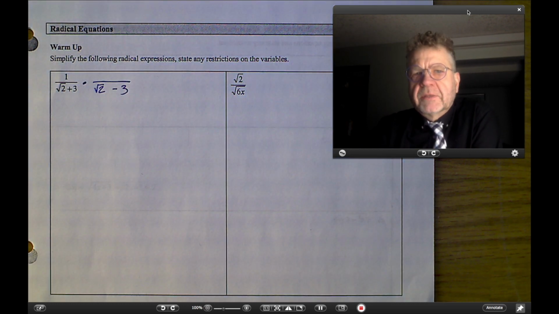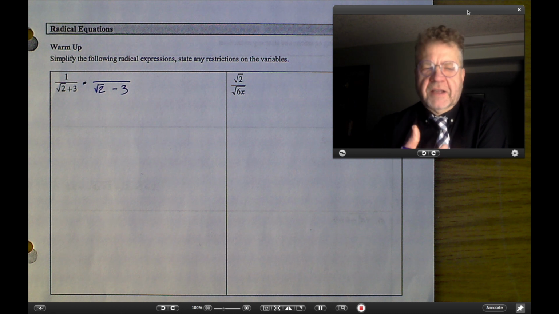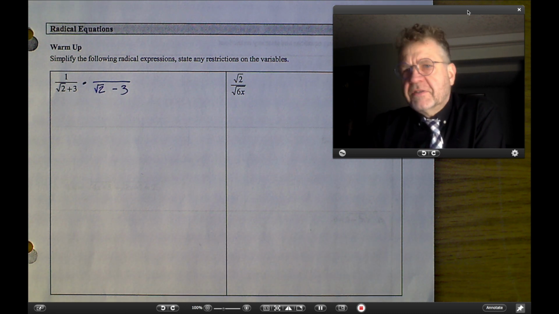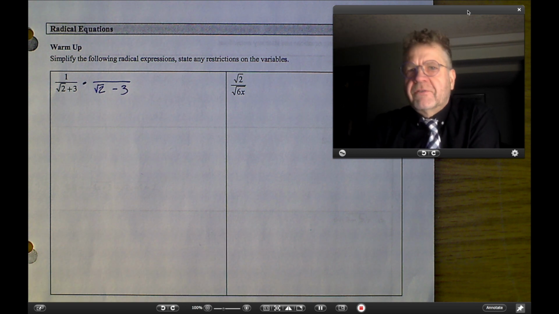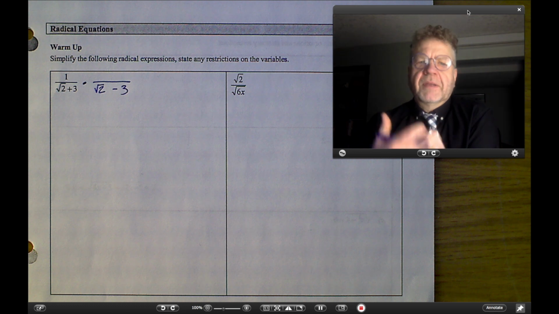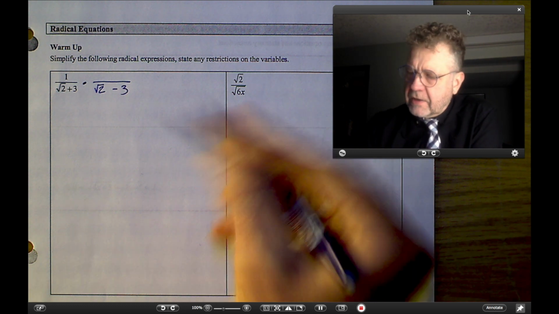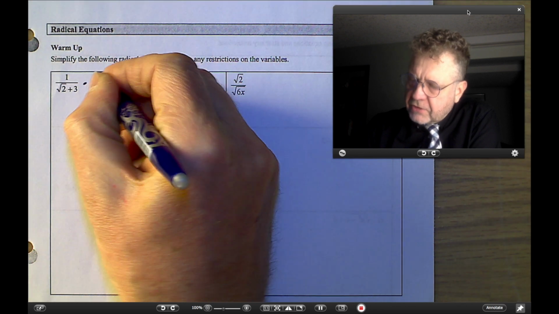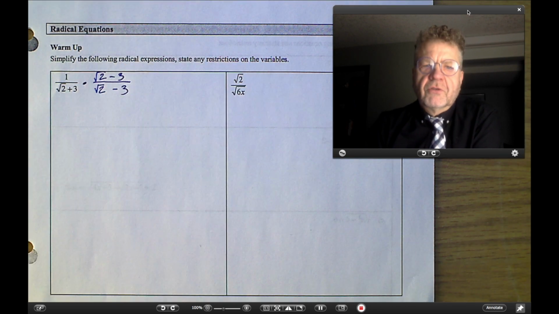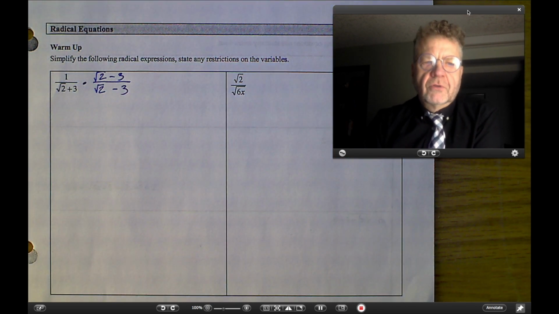So that's what we have to multiply the bottom by to rationalize, to get rid of that square root of 2. But we just can't multiply by any number we pull out of our hat. We have to always multiply by something that eventually equates to 1. So if you've got a fraction with root 2 plus 3 on the bottom, we multiply by a fraction of root 2 minus 3 over root 2 minus 3.